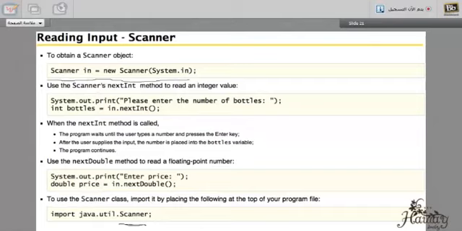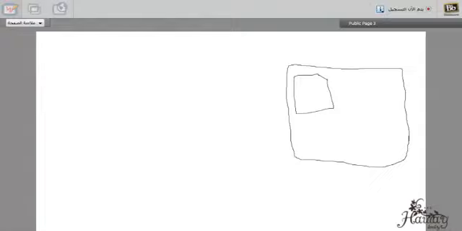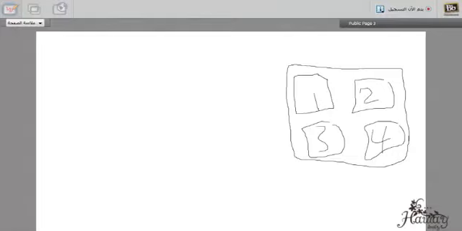But the difference is, do you remember, let me open a new page. I want to make sure this is clear for you. If you have a project in Java, in BlueJ, for example, and you have different classes, class 1, class 2, class 3, class 4, and then you want to call class 2 from class 3.